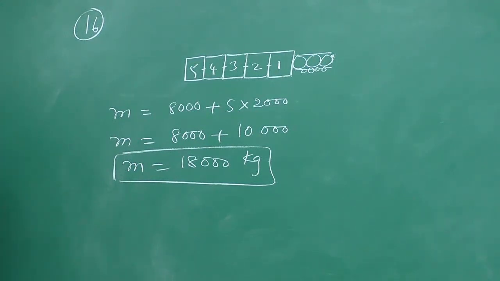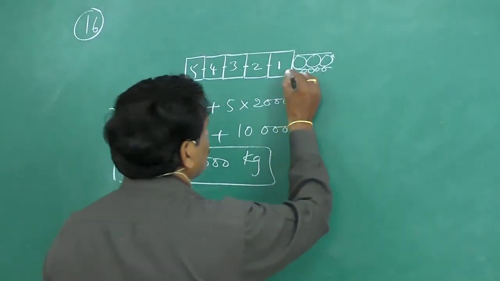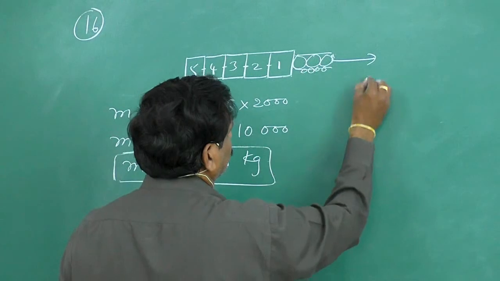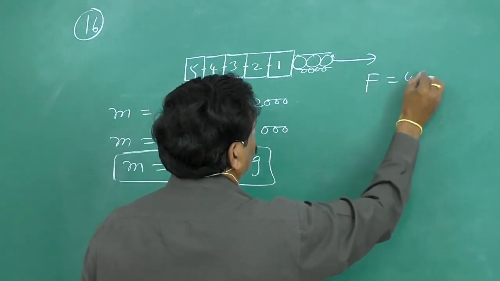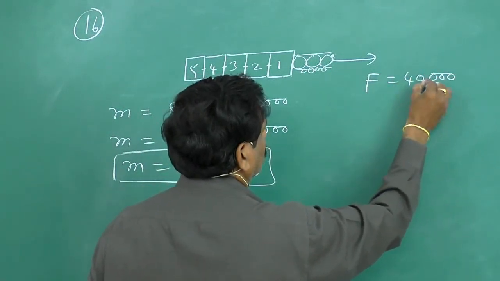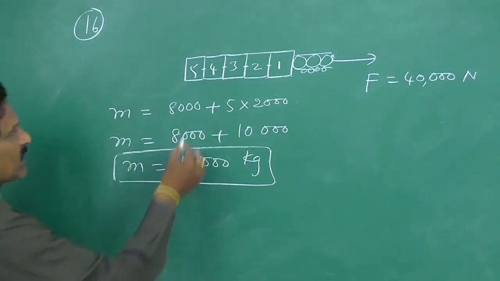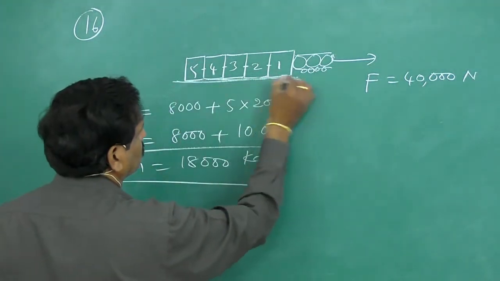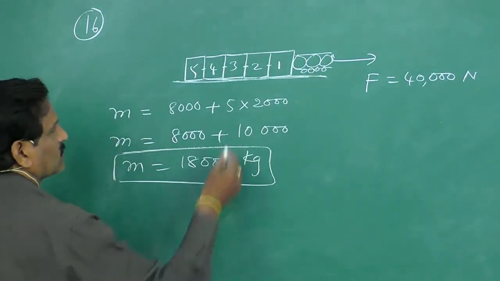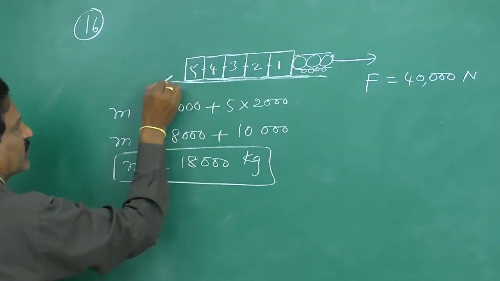Now here the engine exerts a force of 40,000 Newton. And this is the track on which the train moves. This track offers a frictional force.